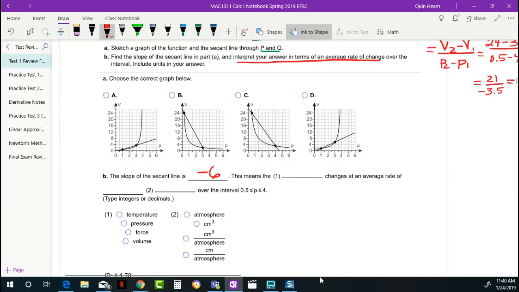Okay, so we're going to say that the volume changes at an average rate of -6, and then that's going to be cubic centimeters per atmosphere.